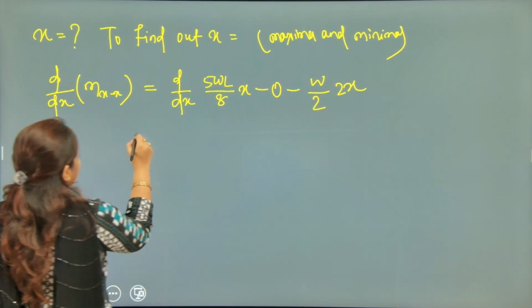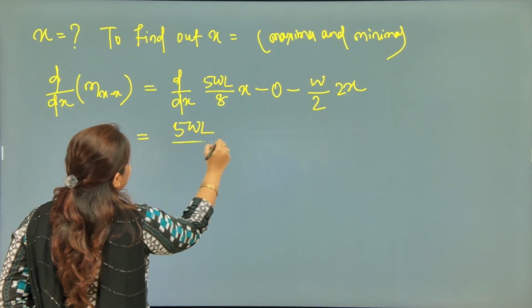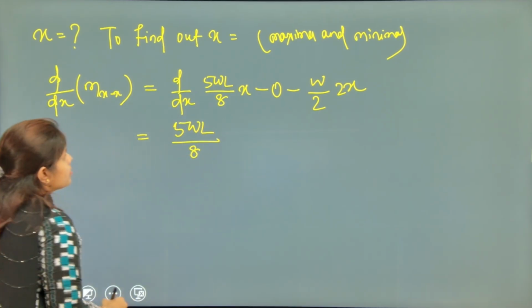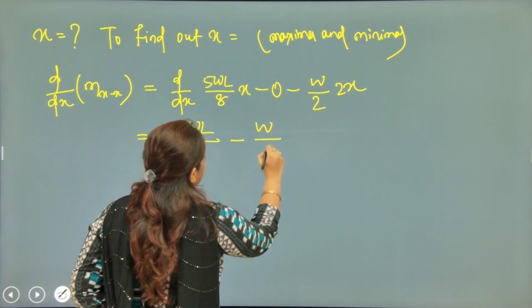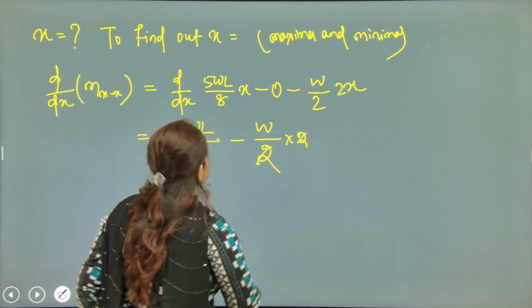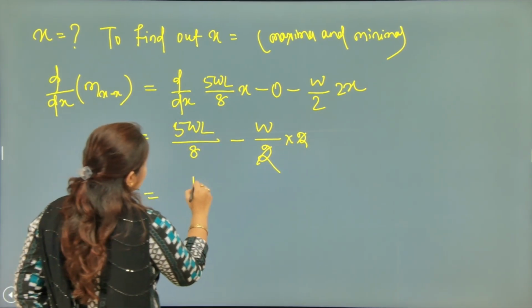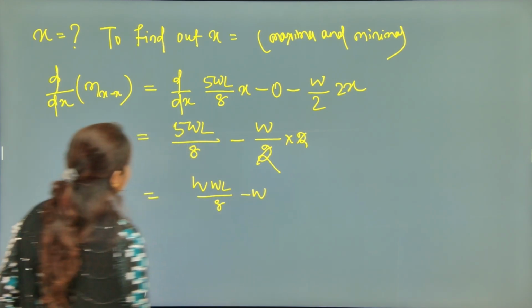So this will be 5WL upon 8 minus W by 2 into 2, cancel. So 5WL upon 8 minus W x equals 0.